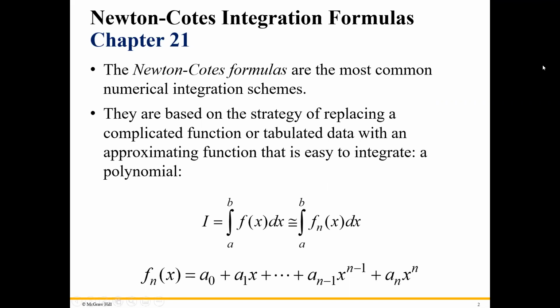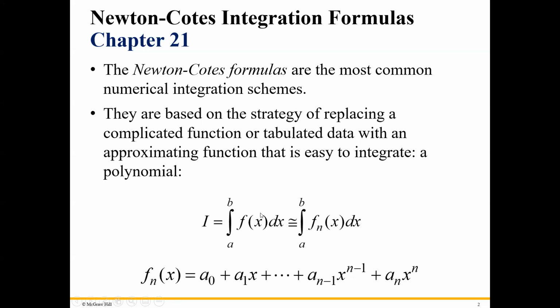So if somehow we can convert a complicated function and represent it with a polynomial function, then we can approximate the results. So over here, the integration of f of x dx from the limit a to b is approximately equal to the integration of fn of x dx.